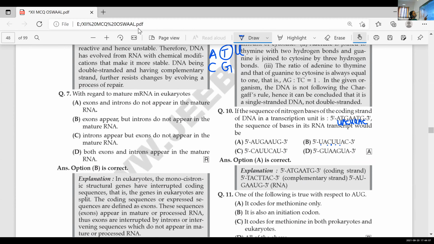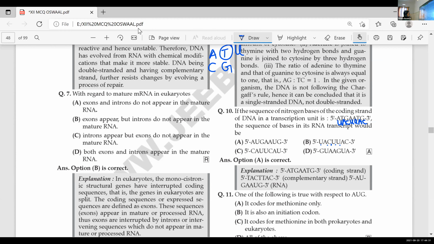And here, 5 prime, A, here is a mistake. They have mentioned this is the coding strand, so we did not check.